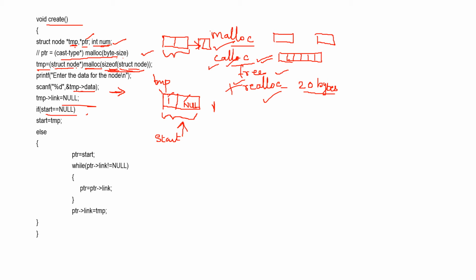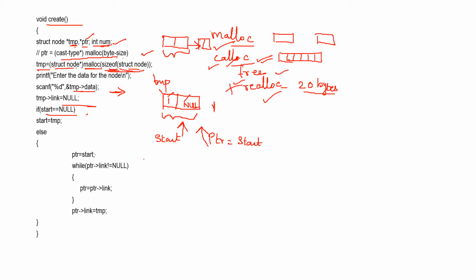In case start is not equal to null, the program control comes to the else part, where I say ptr equals start. Initially ptr is equal to null, and then I set ptr equal to start, which means ptr will point to the first node in your linked list.